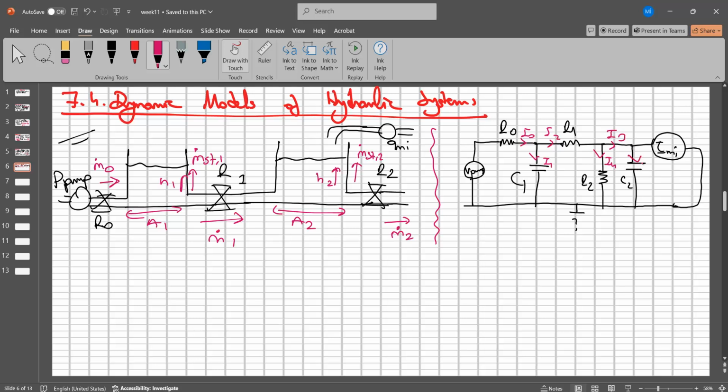And also this is the I5. We can write it, and at each parameter we can solve the Kirchhoff law in here. This is the voltage 1, this is the voltage 2. Okay? This is the electrical analog. Either we can solve the left part or right part. These are two equal system dynamic equations in order to be solved. Okay?